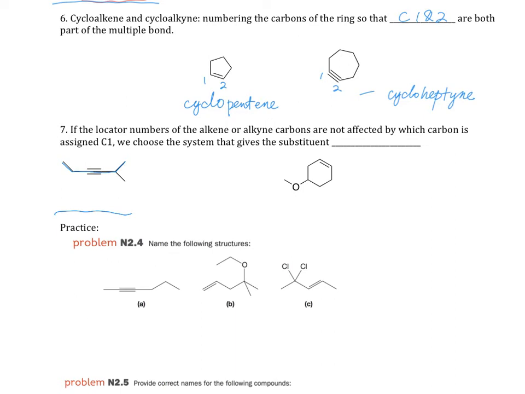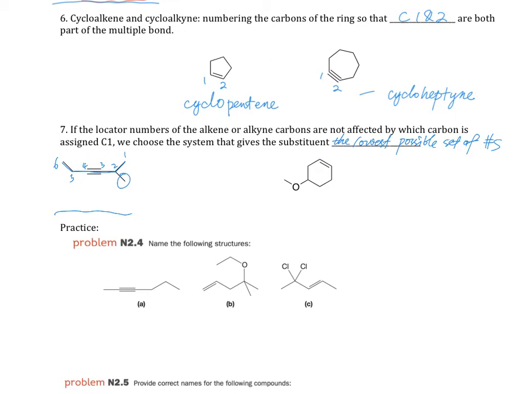So intuition from last chapter will tell you should number from the right side, 1, 2, 3, 4, 5, 6, so that your substituent will receive the lowest number. Your substituent should have the lowest possible set of numbers.